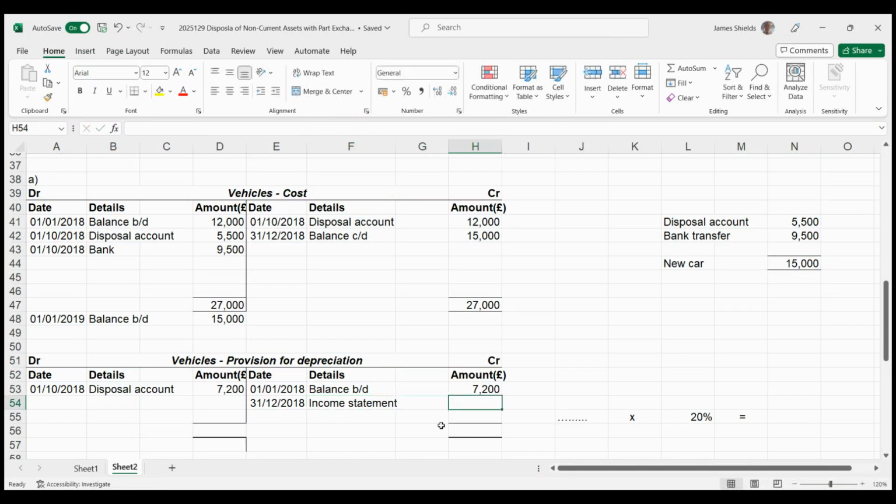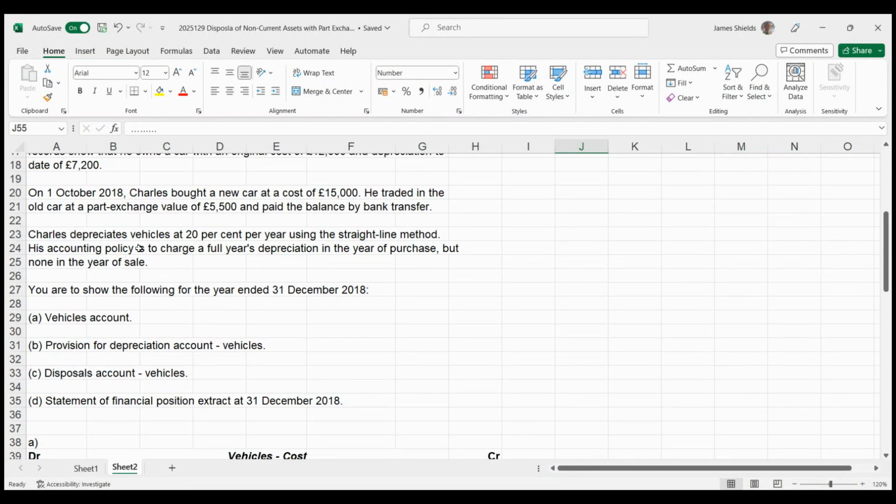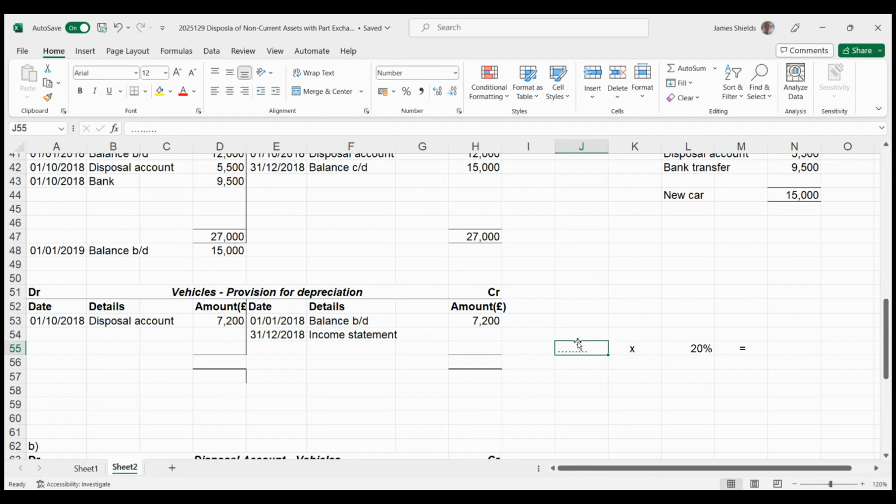So we need to work that depreciation out now. So if I go to the question information, it's 20% per year using a straight line method. So the cost of the new vehicle was £15,000, times 20%, that's going to give us £3,000. So the charge in the income statement will be £3,000.